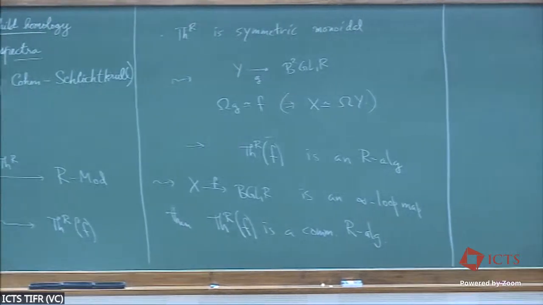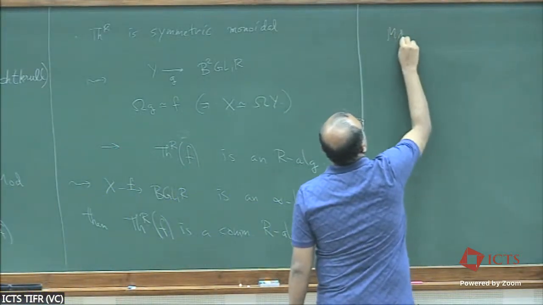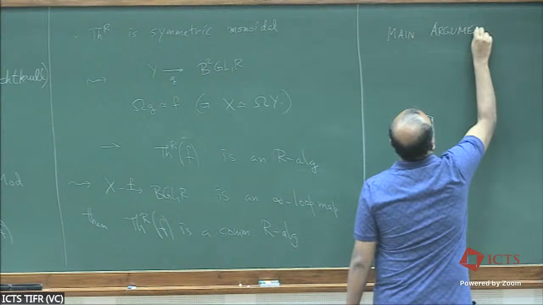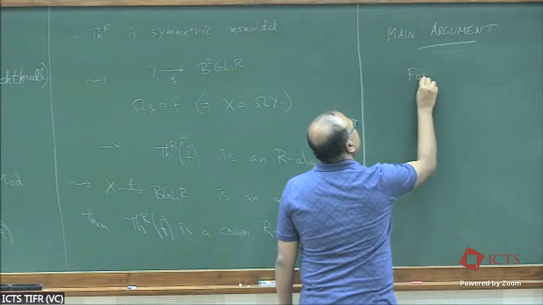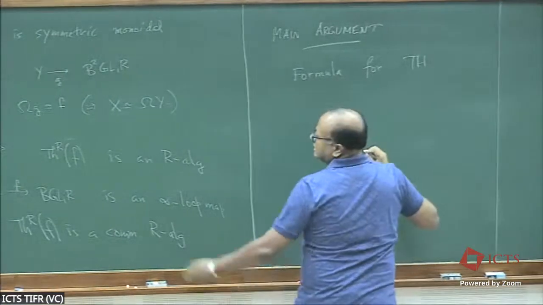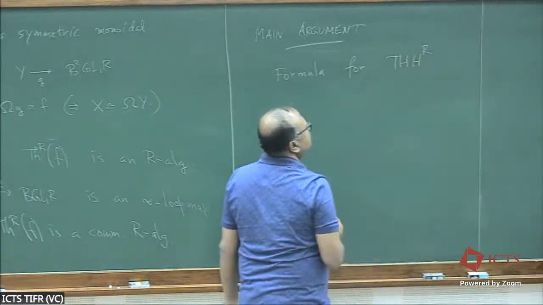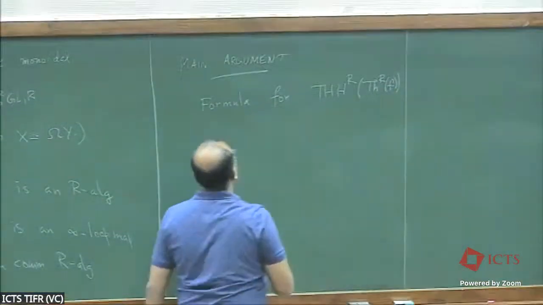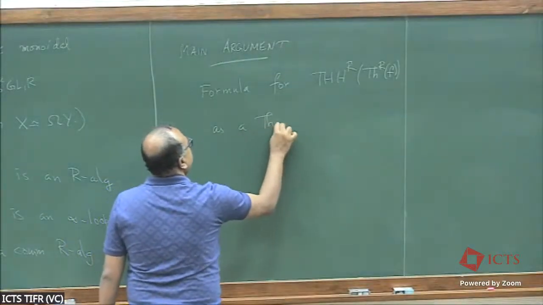So the main argument that I want to explain here is that there is a formula for THH in R-modules of this TH_R of F, in these cases, as a Thom spectrum.